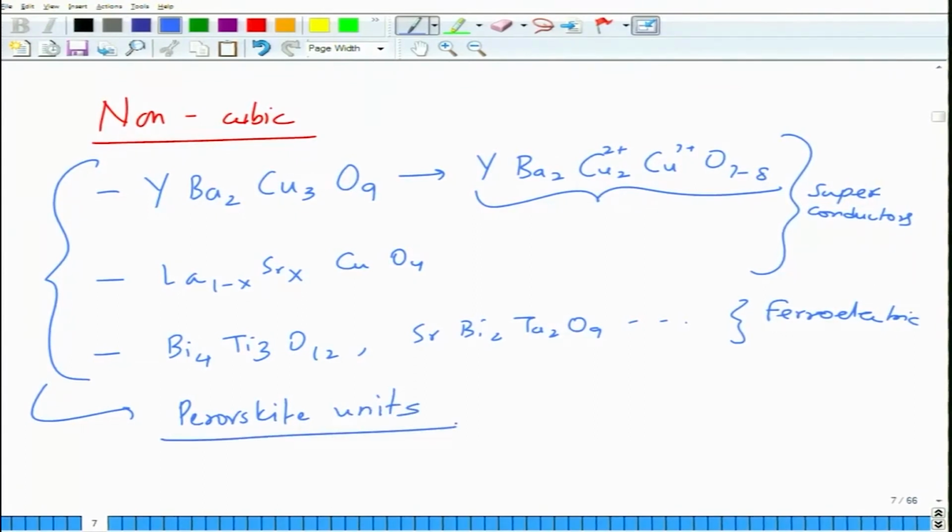There are a lot of manganites as well, for example lanthanum strontium manganese oxide, LSMO, LaSrMnO3. This is again a magnetic oxide, a colossal magnetoresistive oxide. These are also perovskite structured compounds. So these are some of the cubic and non-cubic structures.